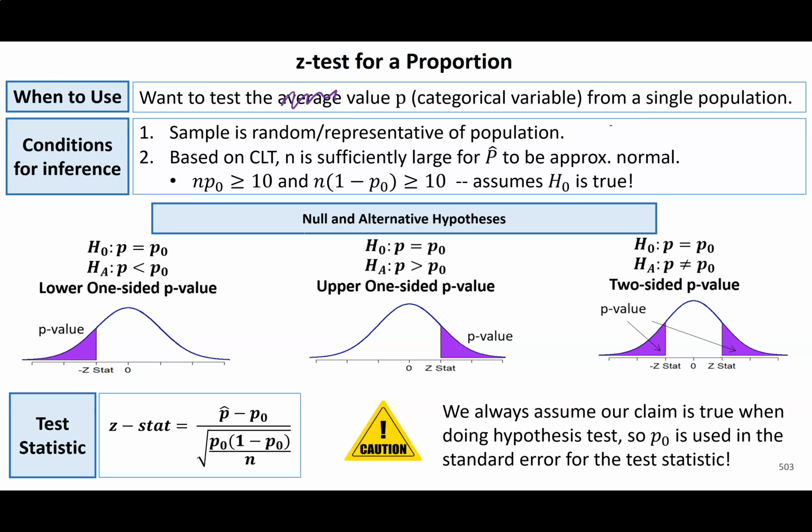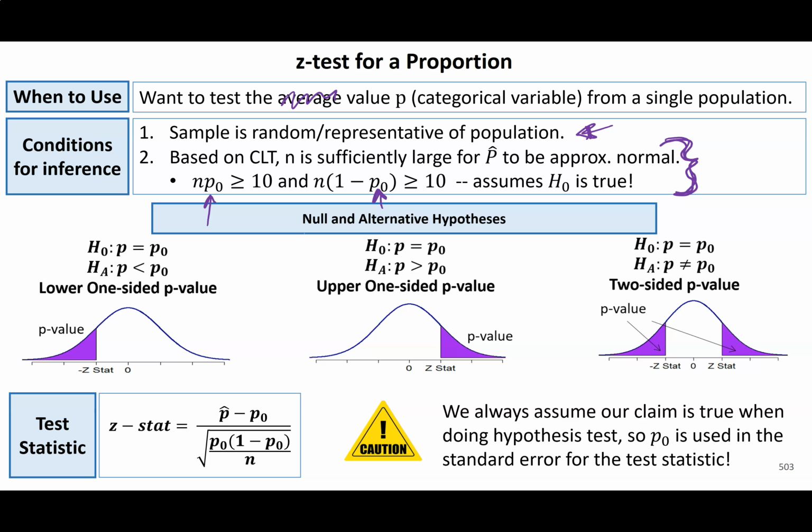So as always, we're going to want to use the condition that we have taken a representative sample. The easiest way to do this is to take a random sample. And note this is a tiny bit different. The sample size being big enough now has P naughts in here, not P hats.